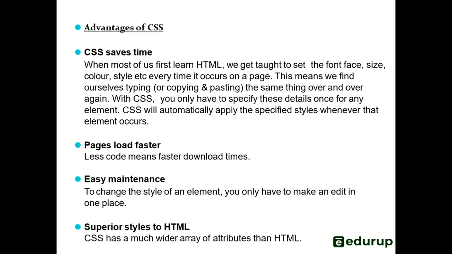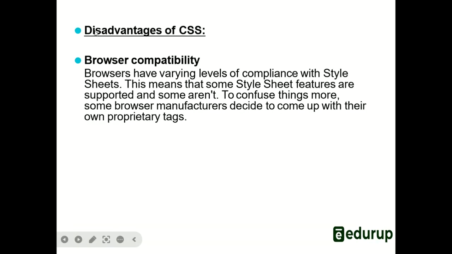Whatever advantages there are, obviously there are disadvantages also. Disadvantages of CSS: browser compatibility. Browsers have varying levels of compliance with style sheets. This means that some style sheet features are supported and some aren't.